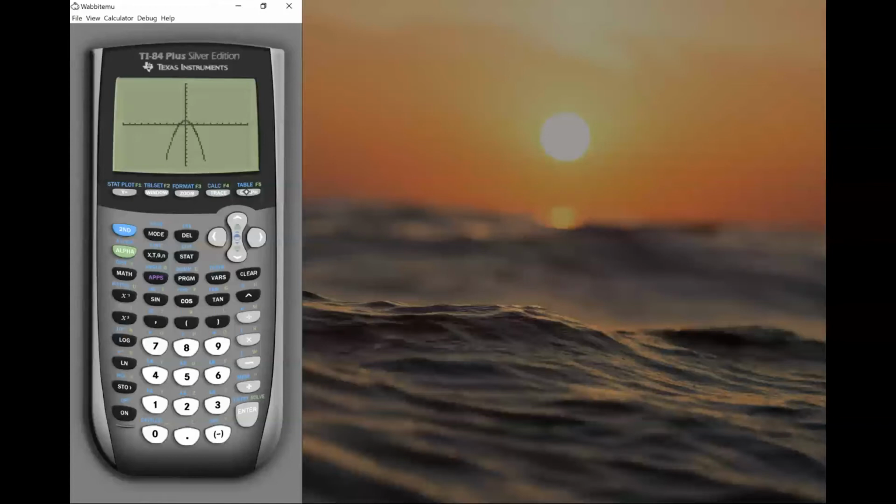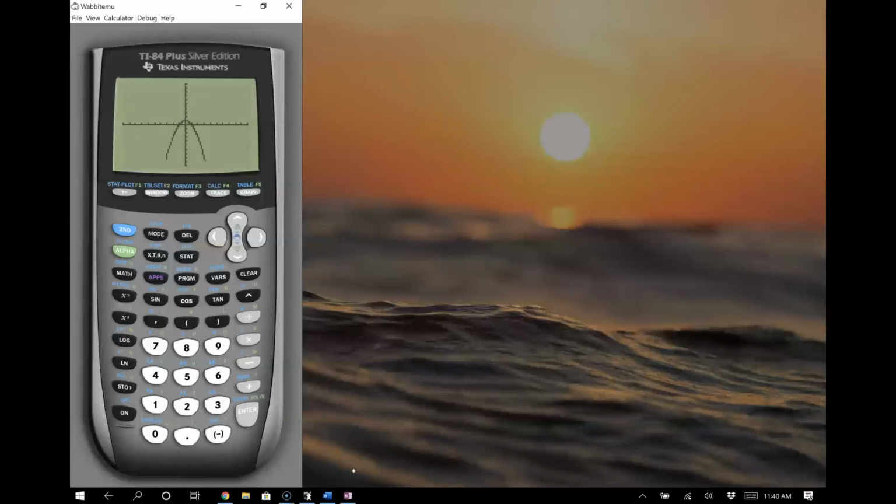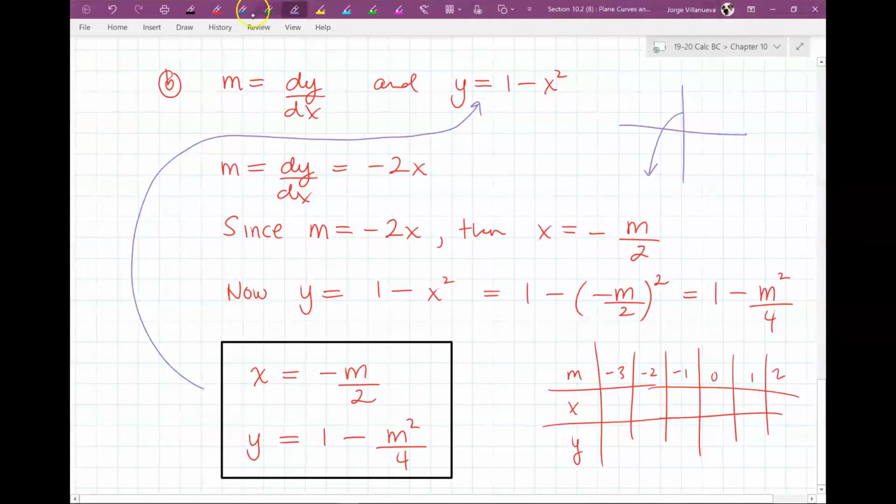So when we go back to our graph, I can go back to this note here, and when I graphed it, my directional arrows would go like that. It goes from right to left. So the easiest way to find the orientation is to graph it, but you could also follow along with the table if you want to.